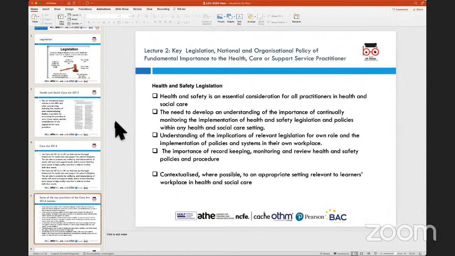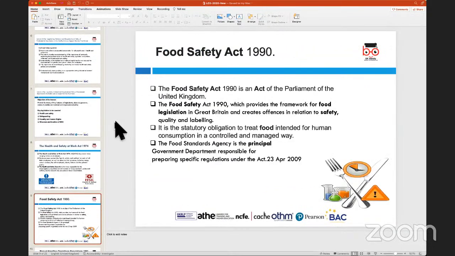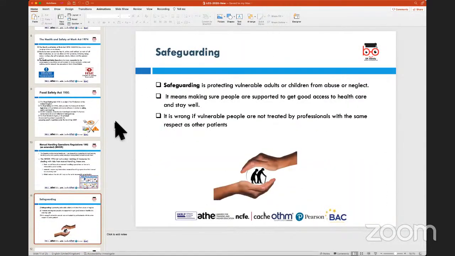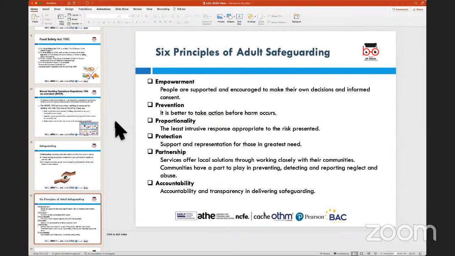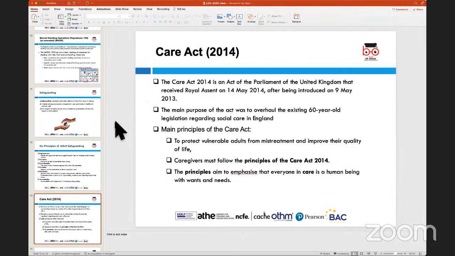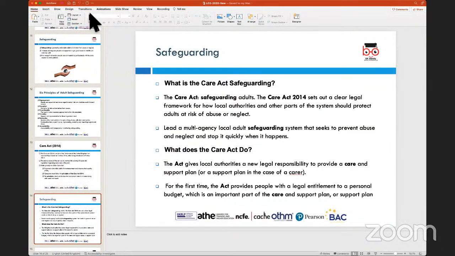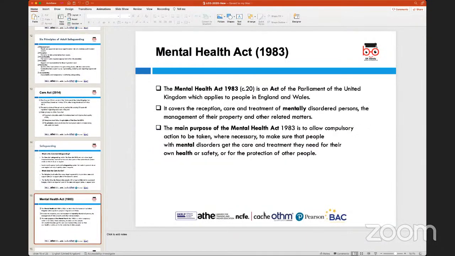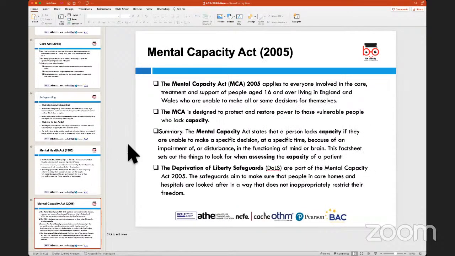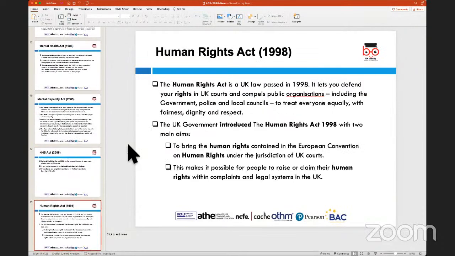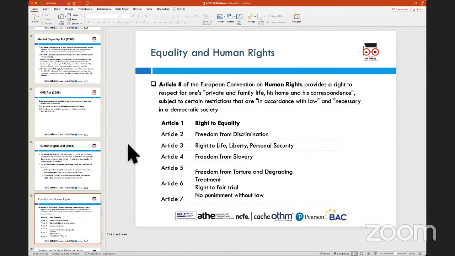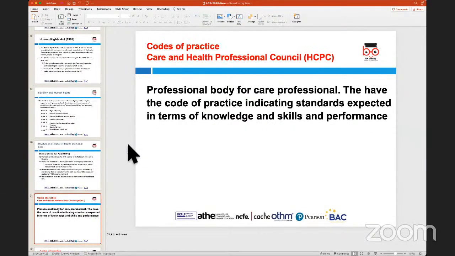So you should be able to see the revised version of the presentation, the handouts that I've specifically created for the important acts and legislations that you need to be aware of. And last but not the least, the 6 C's of care, and lastly, the relationship between healthcare values and care values.